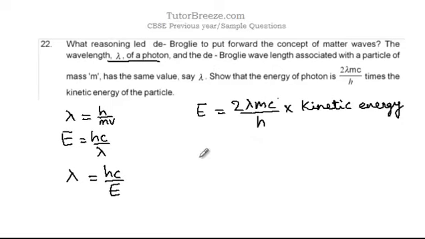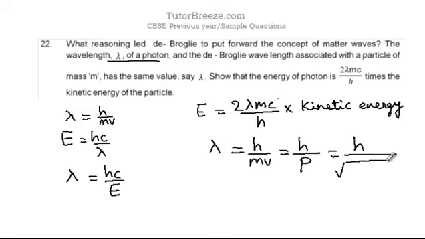Now the de Broglie wavelength associated with a particle of mass m is lambda is equal to h by mv, which is h over the momentum of the particle, and this can be written as h by under root 2mK, where K is the kinetic energy of the particle.